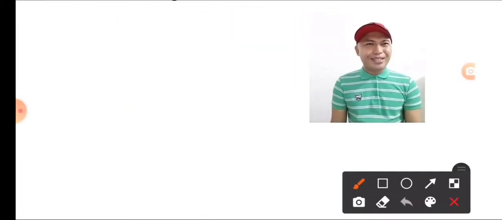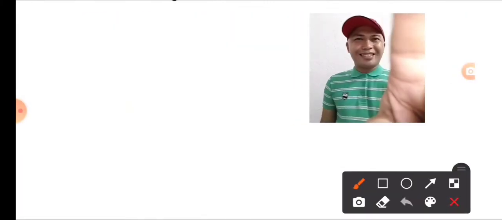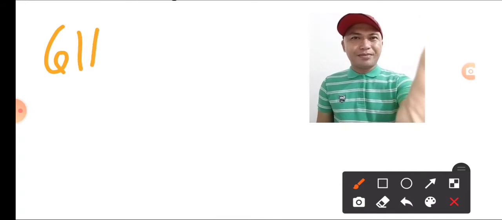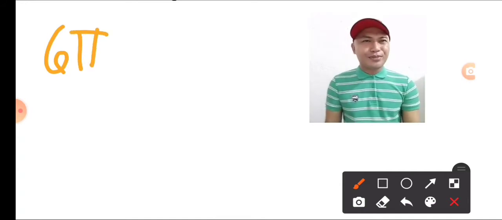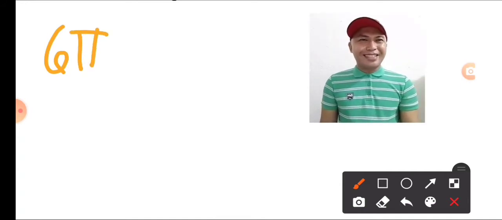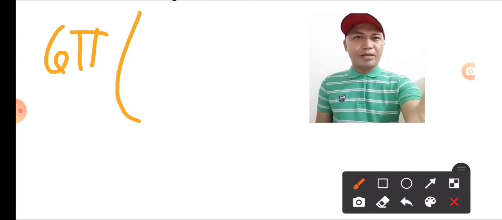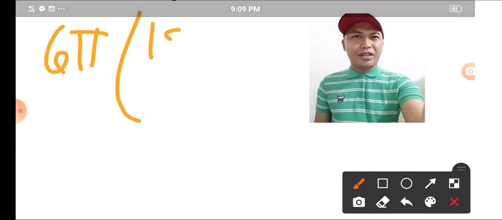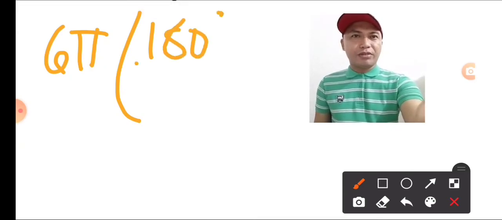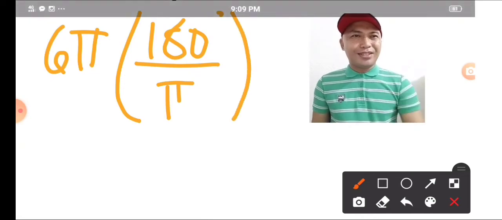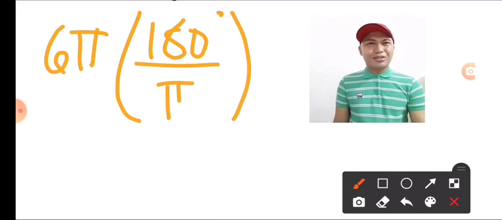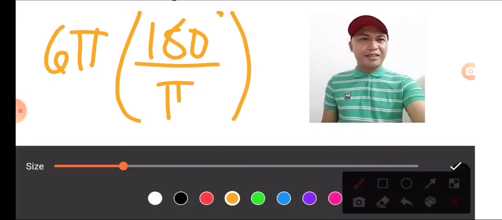Let us have another example: 6 pi. If we're going to convert 6 pi into degrees, you just multiply this by 180 degrees over pi. So you just cancel pi.